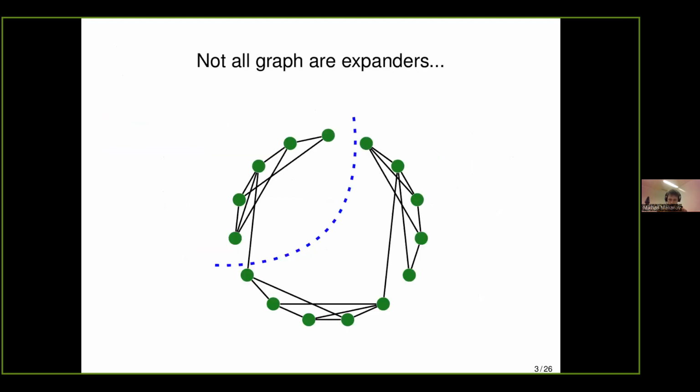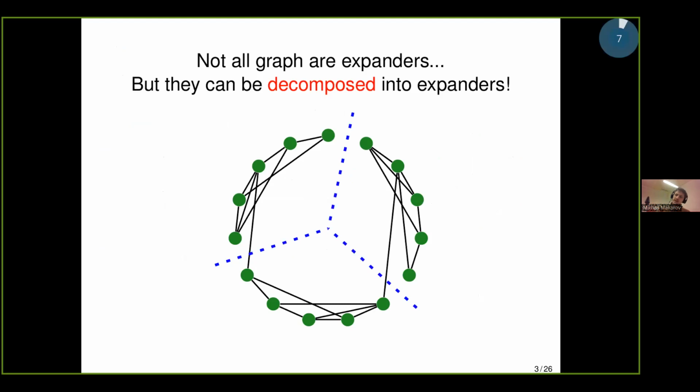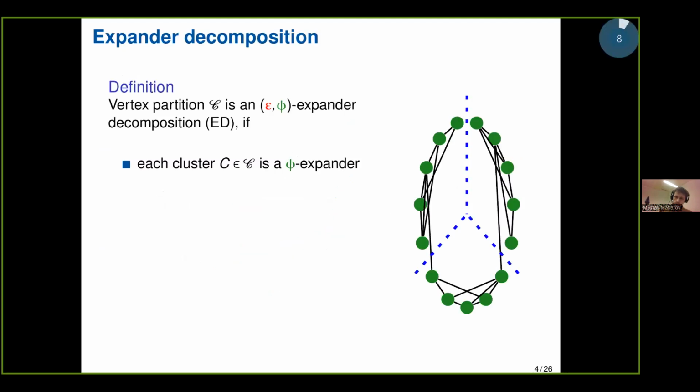Unfortunately, not all graphs are good expanders. For example, consider this graph here. This blue cut has only size 1, while the volumes of both of its sides are relatively large. However, each graph can be decomposed into a union of expanders while keeping the number of intercluster edges fairly small. This is basically the definition of expander decomposition.